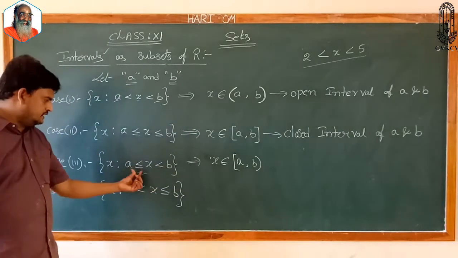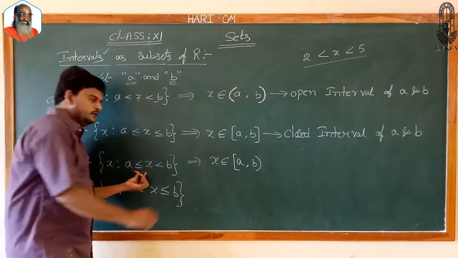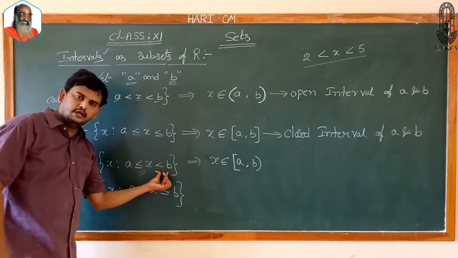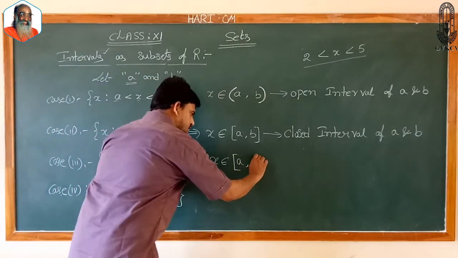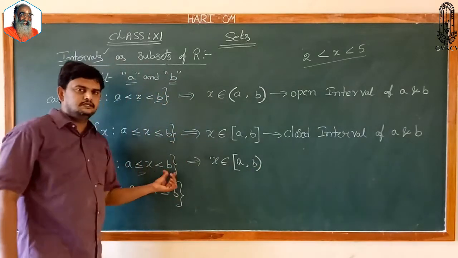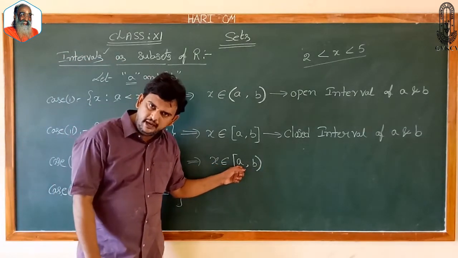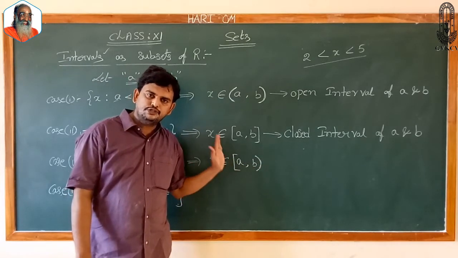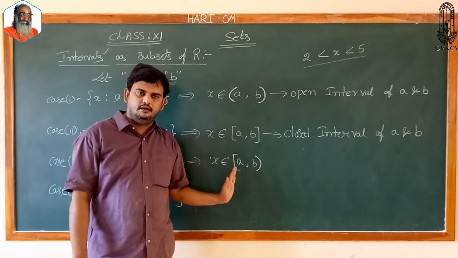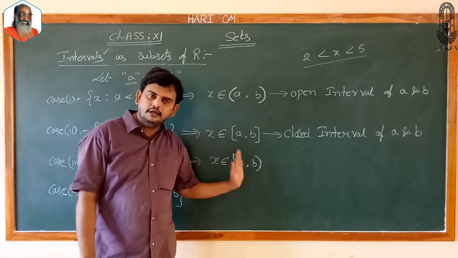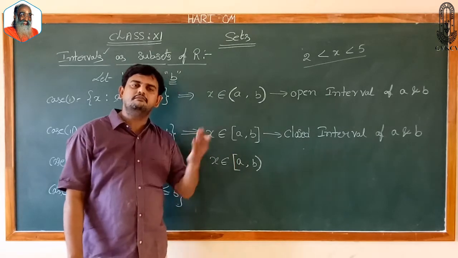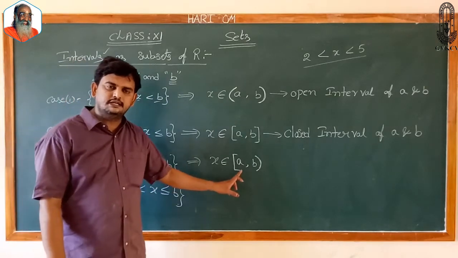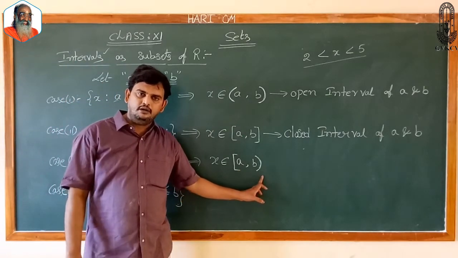See the difference? Here I have less than or equal to, that's why we are using square brackets. Here I have only less than, that's why we are using open. It means including a, excluding b. Our x value starts from a, but does not end with b. Just before b, we are considering the value of a but not b.